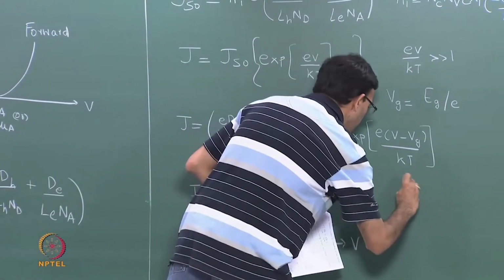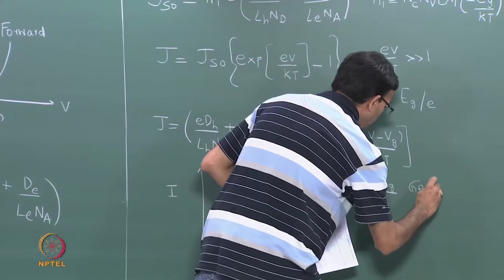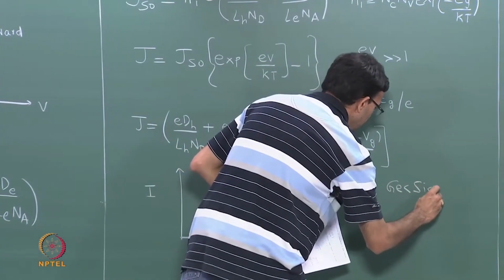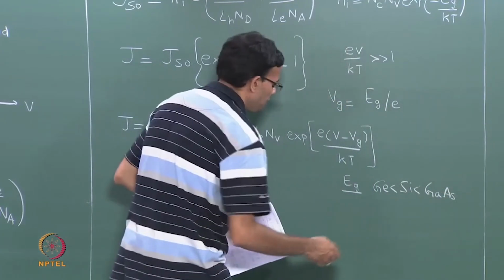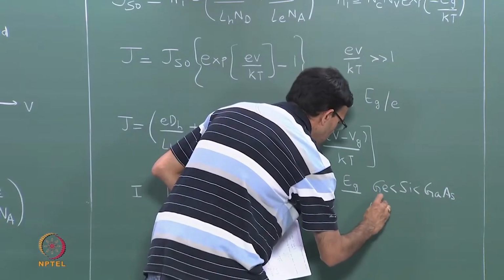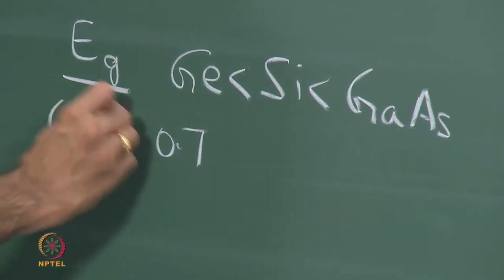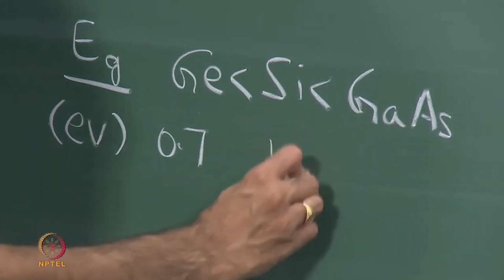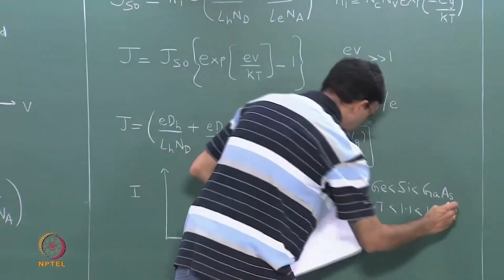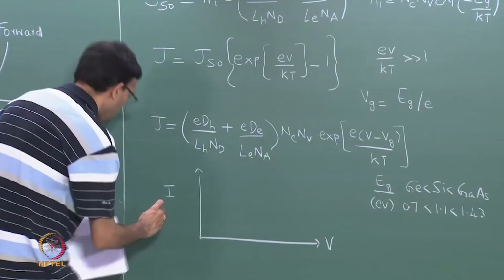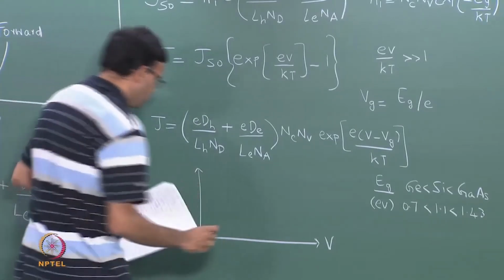So, in terms of band gap, germanium has a smaller band gap than silicon, which is smaller than gallium arsenide. Some typical values, germanium is around 0.7 electron volts, silicon is 1.1, gallium arsenide is 1.43. So, my current will be in milliamps, it is the voltage.